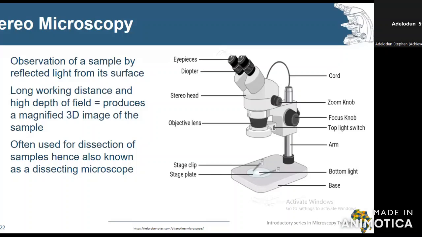So the bottom light source is to help in case you want to look at some translucent material. That gives a better view of those materials. And because we use it to dissect samples like invertebrate small organisms, it is also known as the dissecting microscope.